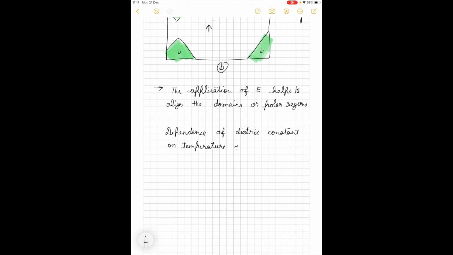The Curie-Weiss law tells us that the variation of dielectric constant in a paraelectric phase can be given as something like this: epsilon is equal to C divided by T minus Tc, where Tc is the Curie temperature.